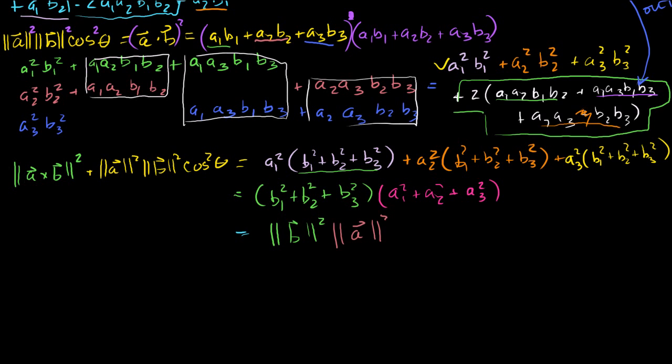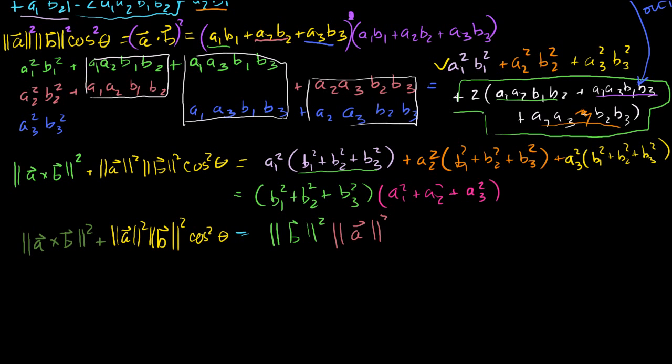So let me rewrite everything. We have the length of a cross b squared, plus the length of a squared times the length of b squared times the cosine of the angle squared between them, is equal to that.